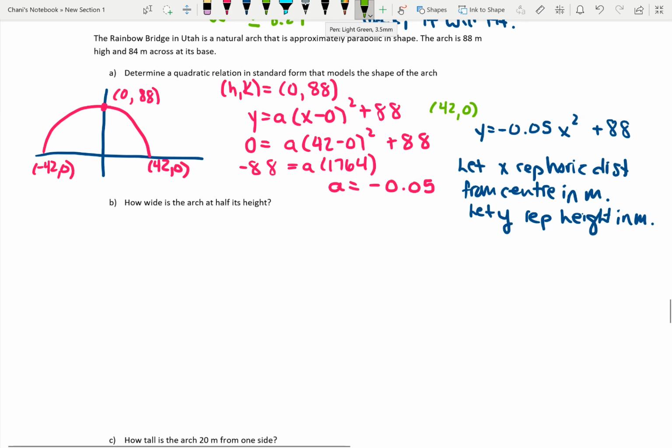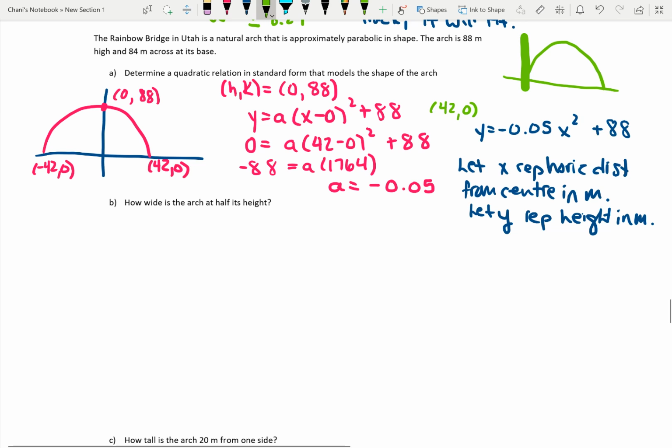I also want to take a moment to explain that if you did draw your arch like this, so starting from the origin and going like this, you could still get all the correct answers. It's just that your quadratic relation would look different. The equation would be different. And then you would put in different information for the width and all that kind of stuff.